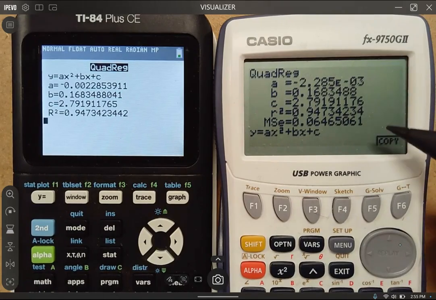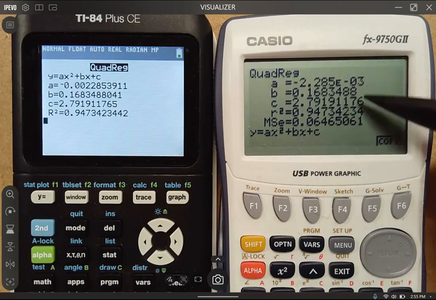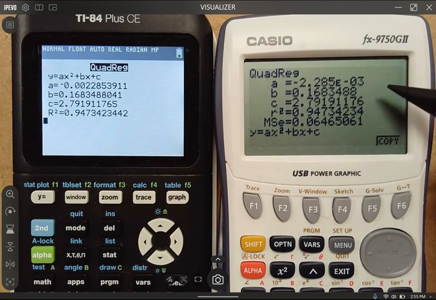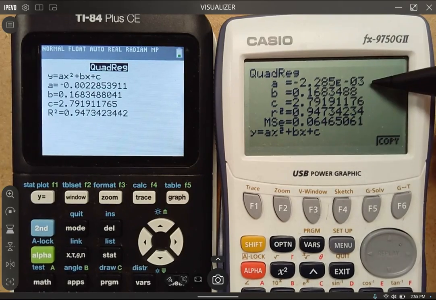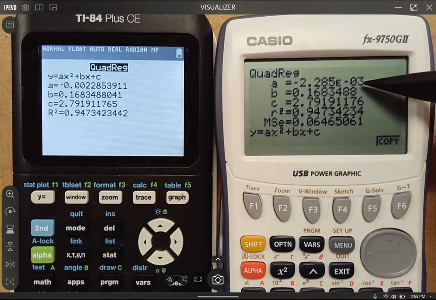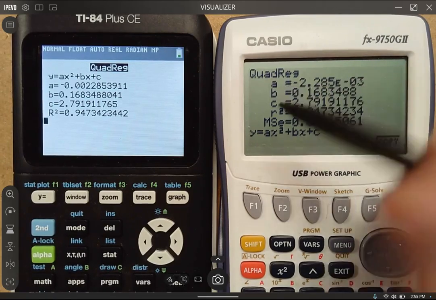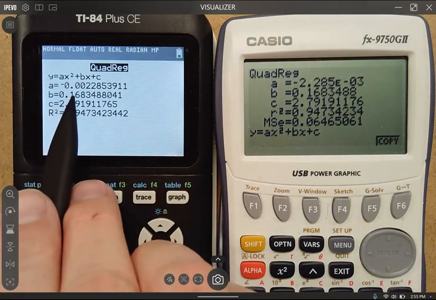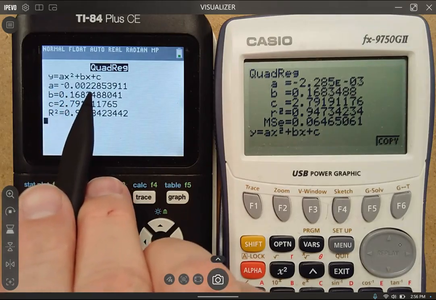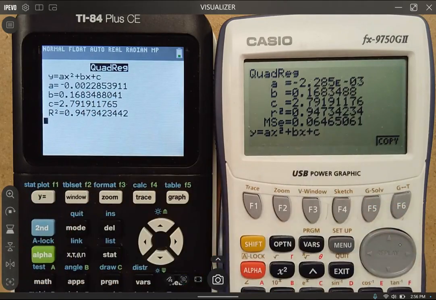I don't have to worry about all that list 1, list 2, any of that stuff. So it's all there. And if we compare, these are the same values. The only difference is the Casio is writing my a value in scientific notation. So the e is our times 10 to the negative 3. So we just move my decimal place over 3 spaces, and I get 0.002. And we can say it's the same values that we see here.